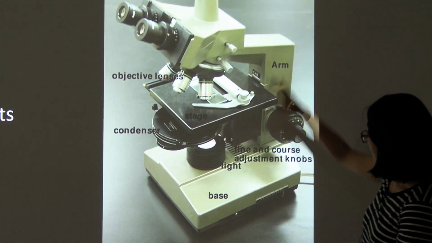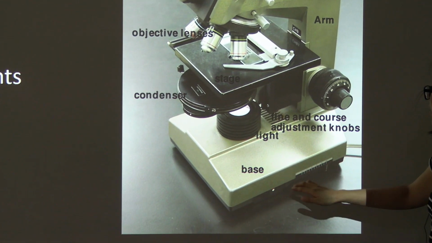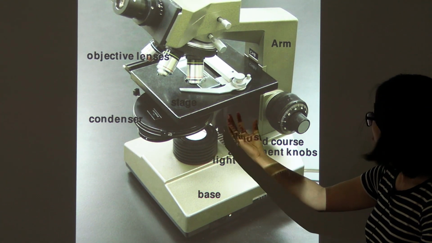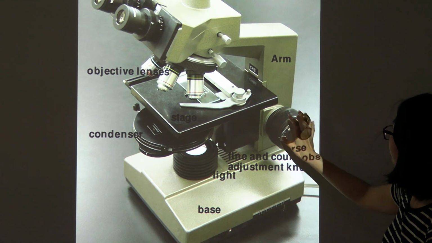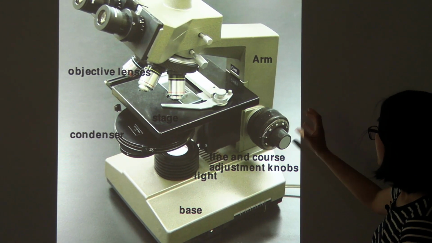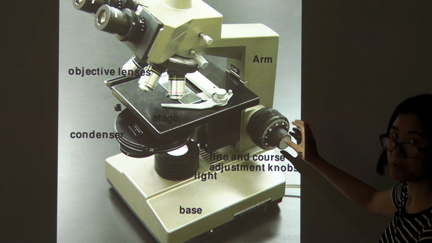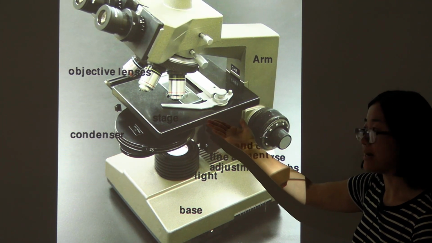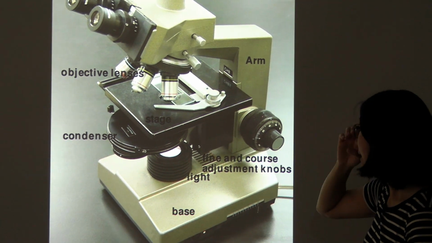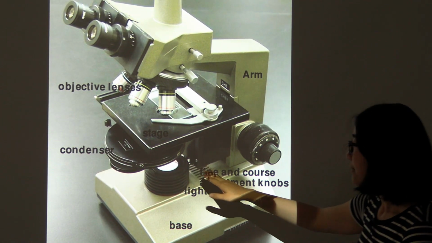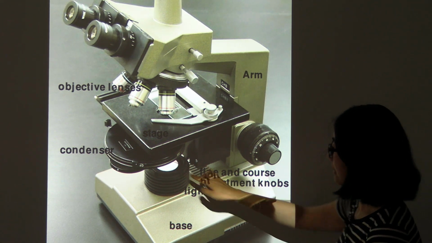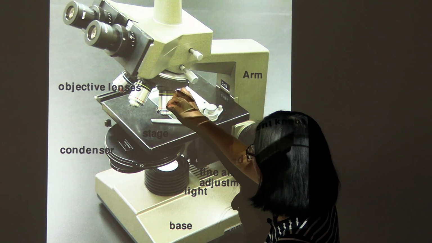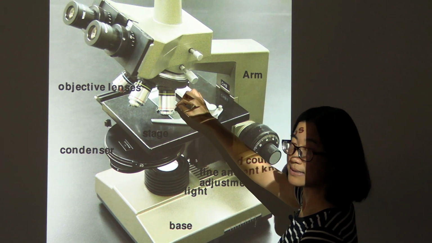From the bottom to the top, you have this base, you have this light source, which gives all the light starting from here. You have this screw that can adjust the focus. Basically, it moves this stage up or down, to try to have the right focus. And you have this condenser that focuses the light from the light source into a spot on your sample.